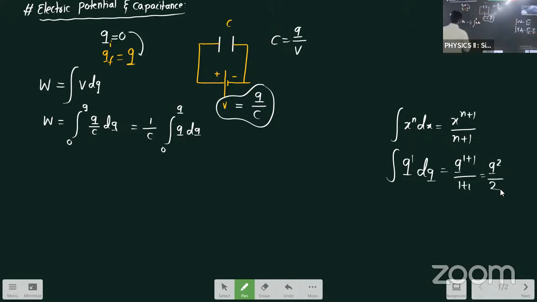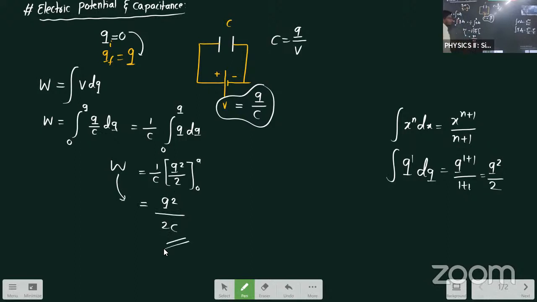If I substitute this value, this becomes 1 by C into Q square by 2, from 0 to Q. Whatever work we do will be stored in the form of energy, and this is given as Q square divided by 2C.